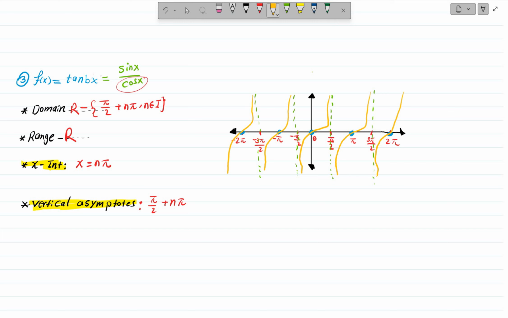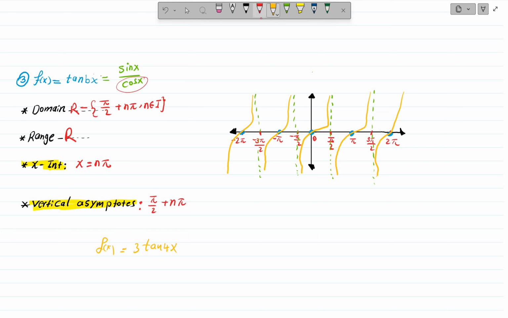But if it's 1 over tan or something, of course the graphs change, which I will not explain in this video. And also something very important, students: only the vertical asymptote and x-intercept change if we change these values. For example, if I have f of x equals 3 tan x or tan of 4x, right?